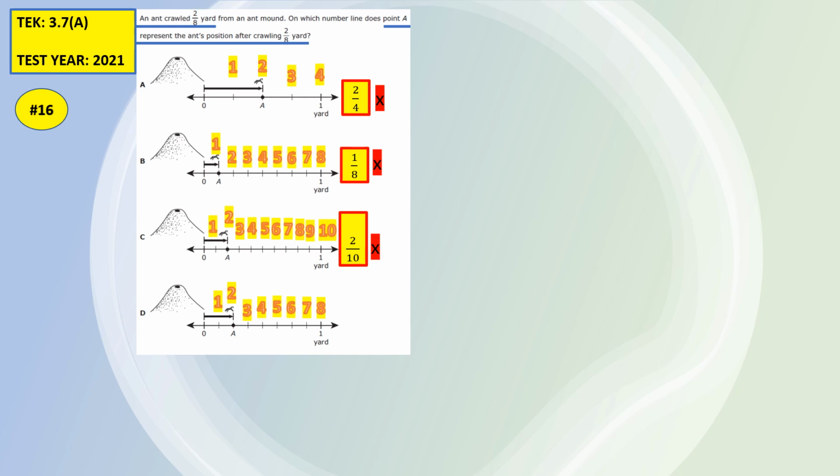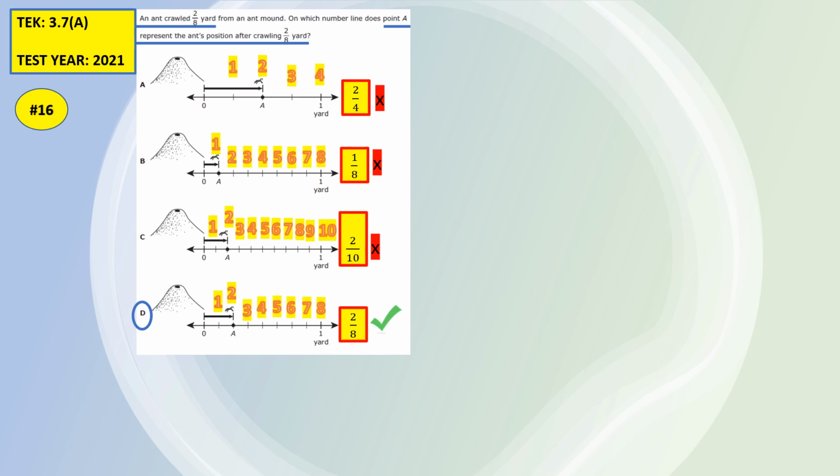Answer choice D's number line, we're counting by eighths, and our point A is at the second mark, which means the fraction represented by this number line for answer choice D is in fact 2/8. That is the correct answer. Our answer is D.